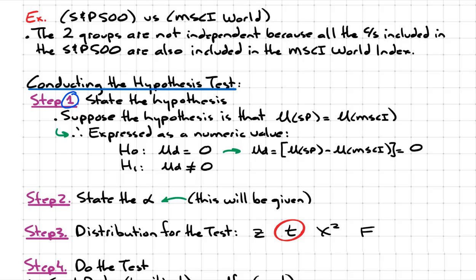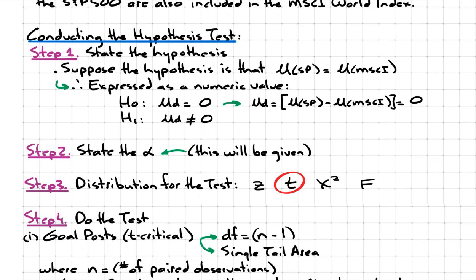And of course, if we disprove the null hypothesis, then we have to go with the alternative hypothesis, in that the average difference or the mean difference is not equal to 0, meaning that the means are not equal to each other. Now, the second step in any hypothesis test is the level of significance, and this will be given.